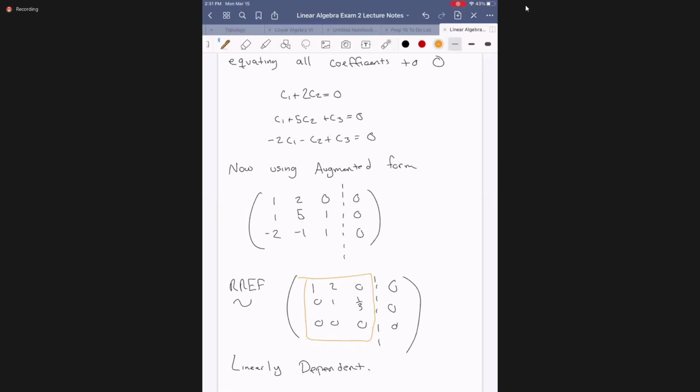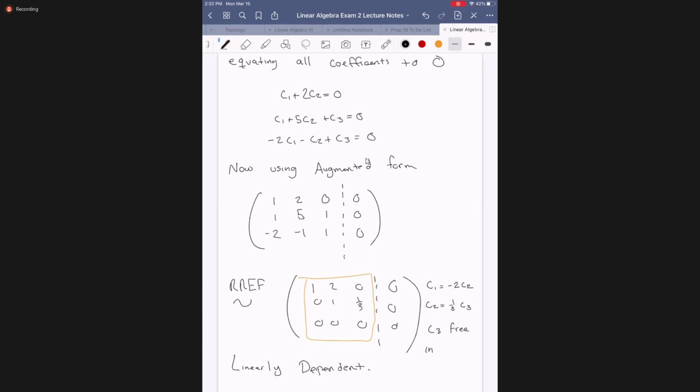Maybe you can see it this way. From here you can say that C1 equals minus 2C2. From here you get C2 equals 1/3 C3, and then C3 is free.